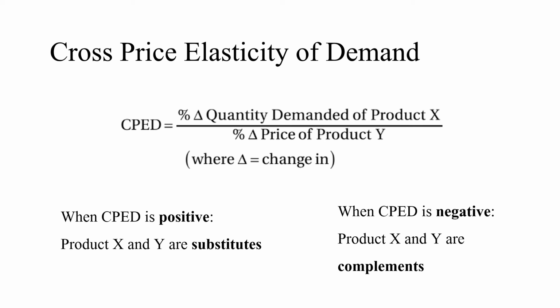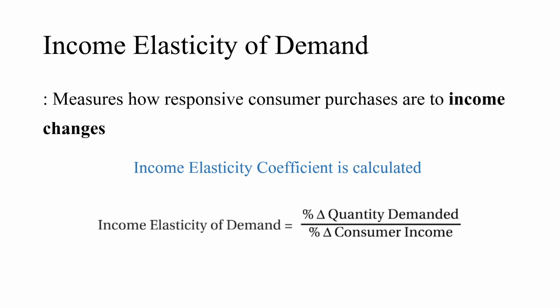They would both be positive or both be negative. And that would mean they have the characteristics of substitutes, since if the price of product Y goes up, the quantity demanded of product X would also go up.